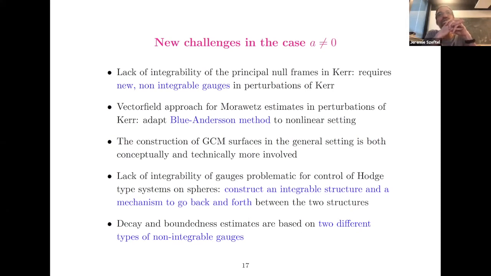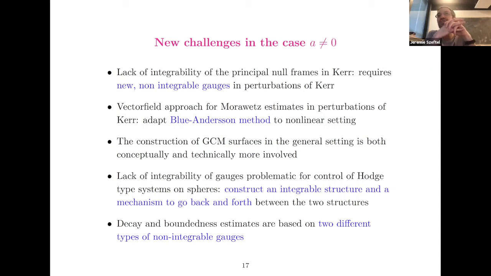Remember that there are certain types of estimates which are Hodge type systems on spheres, so elliptic systems on spheres, typically difficult systems on two-dimensional spheres. These systems are now problematic because your frame is not adapted to the spheres. So the type of elliptic systems that you get are for operators which are not tangent to the spheres, even for small angular momentum, as soon as the angular momentum is non-zero. So here, this is really problematic.